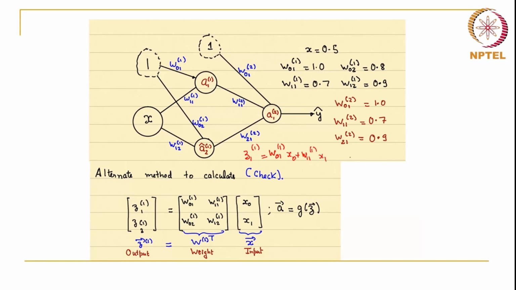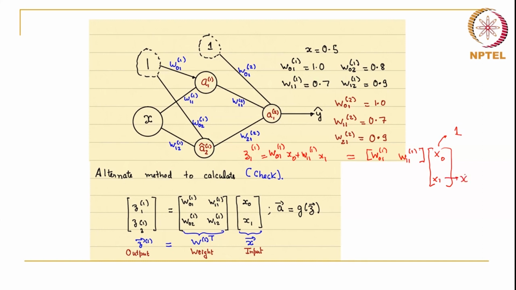This I can write as W011, W111 multiplied by x0, x1, where x0 is 1 and x1 is x.